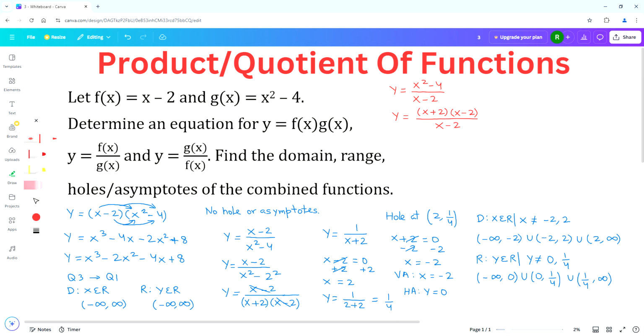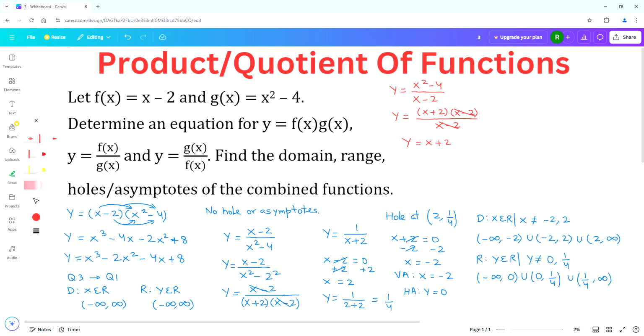We can cancel out the common factors x - 2 from the numerator and denominator. This is the equation of y = g(x) over f(x). This equation represents a linear function, which is a polynomial function.